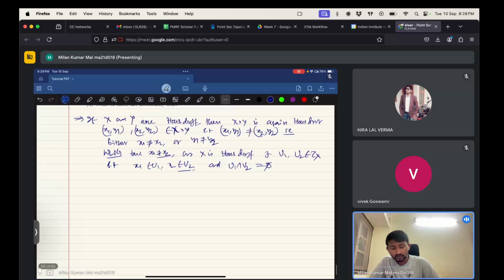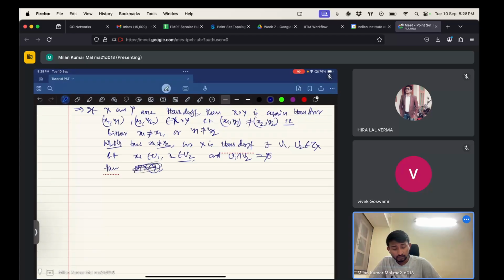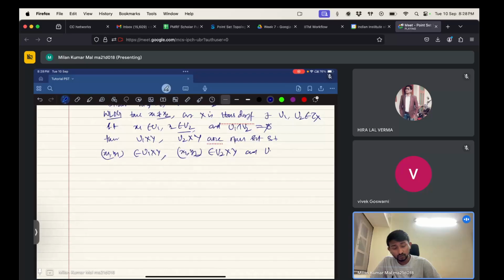Then U1 cross Y and U2 cross Y are open sets in the product topology such that (x1, y1) is inside U1 cross Y, (x2, y2) is inside U2 cross Y, and U1 cross Y intersection U2 cross Y is empty.